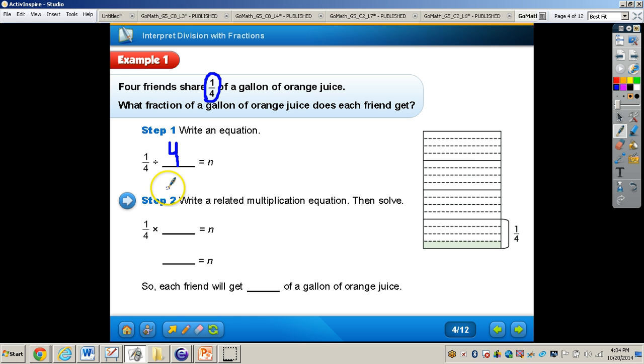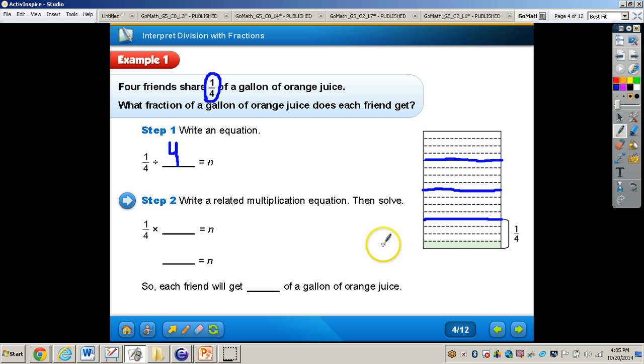Okay, so we can see the drawing to the right. You can see that whole entire rectangle here represents the 1 gallon. Okay, now what happened after that? That gallon, you can see, was divided into 4 sections. Okay, you can see that with my blue line here. So 1, 2, 3, 4 sections.